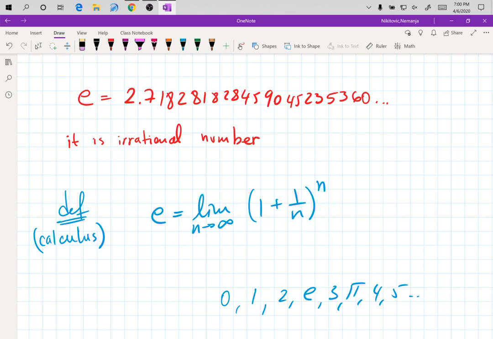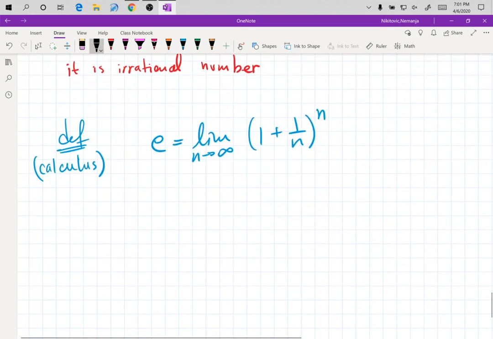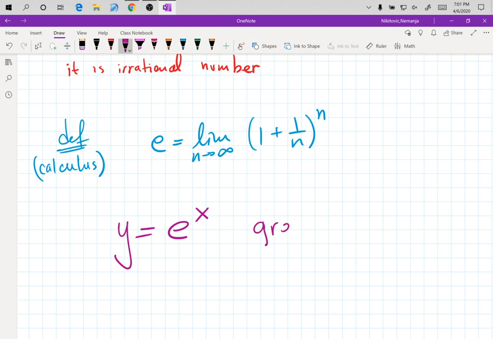They fall somewhere on the number line. And now our natural exponential function is going to be y equals e to the x for the growth, and y equals e to the negative x for decay.